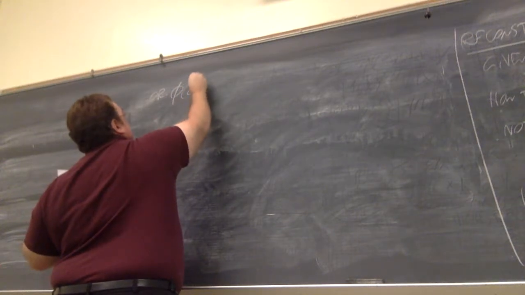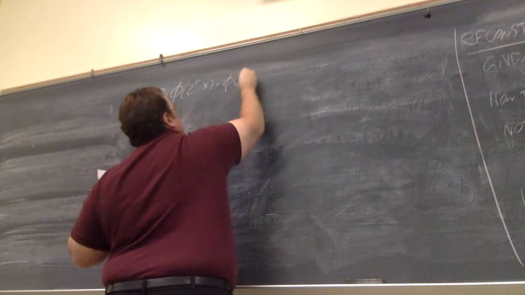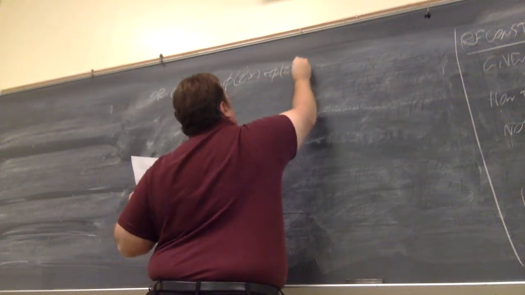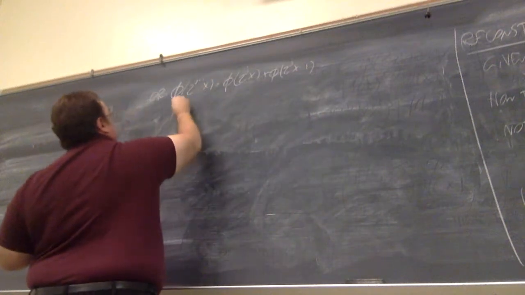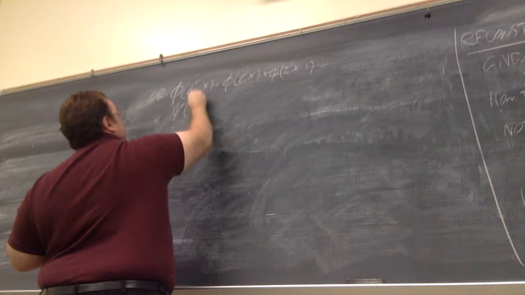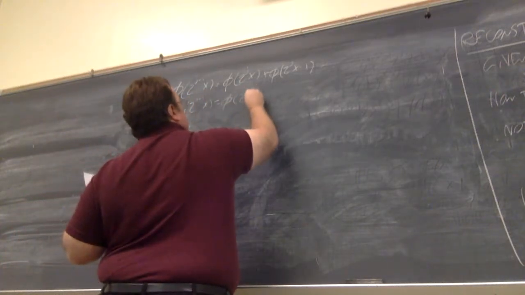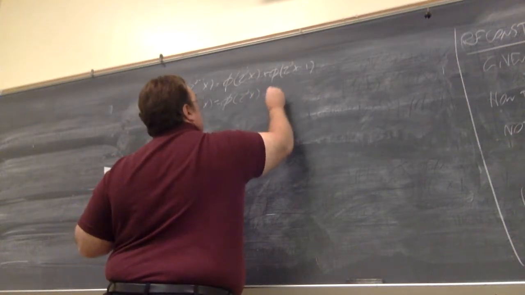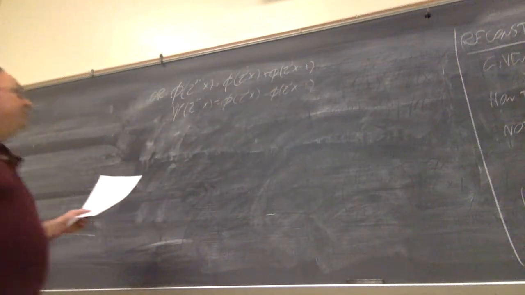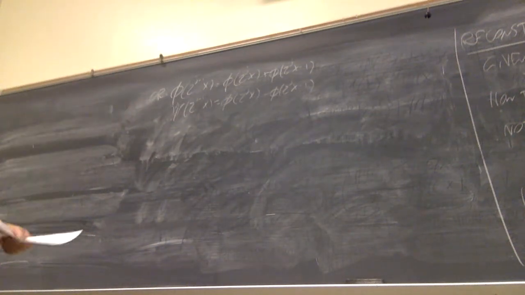So phi of 2 to the j minus 1 x is phi of 2 to the j x plus phi of 2 to the j x minus 1. And psi, the same thing, is just a difference. Okay. Because notice before we had 2 to the j x on the left and 2 to the j minus 1 x on the right. Now it's the opposite.